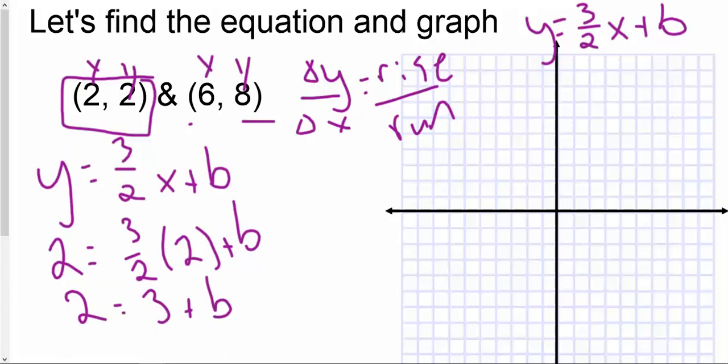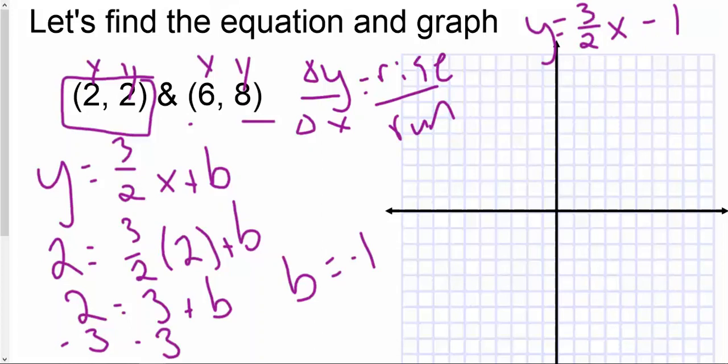Because 3 and b are put together through addition, I'm going to subtract 3 from both sides so that I get b by itself. And b is -1. But we can't stop here; we can't just say b is -1 and be done. We need to plug that back into our equation. So we get y equals 3 halves x minus 1.